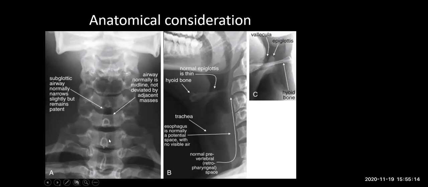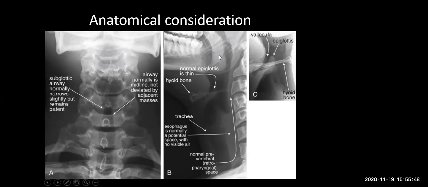The trachea is patent, and a very important point every time you look at a frontal AP radiograph is to outline the patency of the subglottic region, with smooth narrowing compared to the lower trachea. This is the patent trachea with no deviation and no masses, and there is a smooth narrowing at the subglottic region, which is normally seen in the pediatric age group.